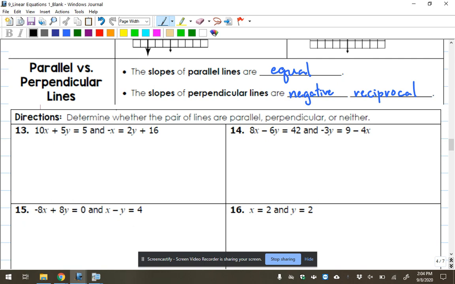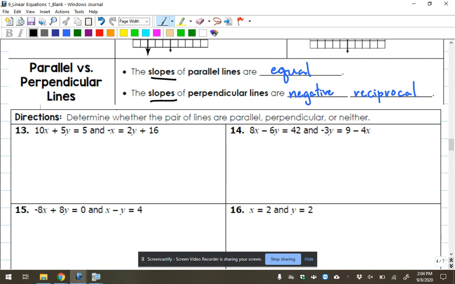13. If we want to compare parallel, perpendicular, or neither, what do we need from those equations? We got to get slope-intercept form, so we can get the slope really easily. Then we just look at the number in front of x. If it's the same, they're parallel.